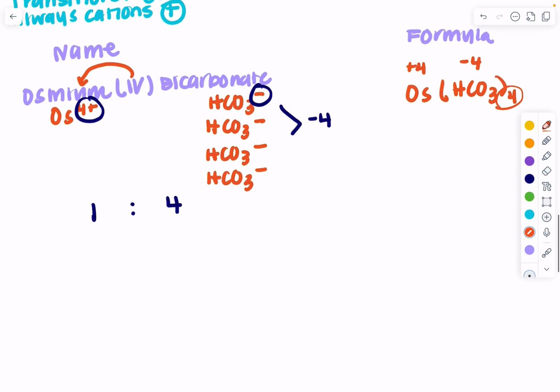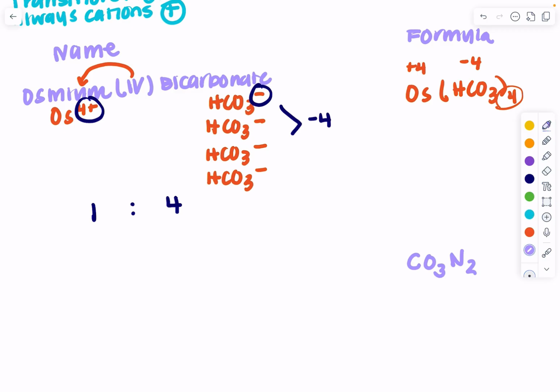If you were given the formula for something, let's say it was Co3N2. This is where it can get a little bit tricky.